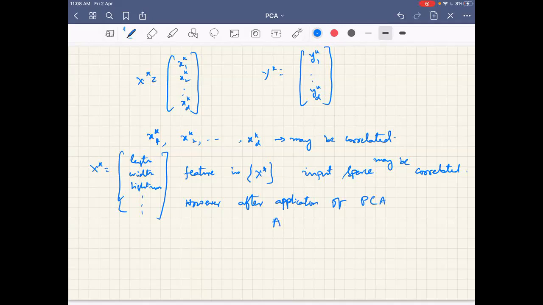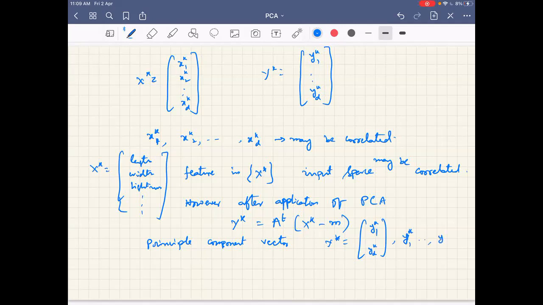This linear transformation makes the principal components vector yk have features y1k, y2k and so on that are not correlated, or uncorrelated.